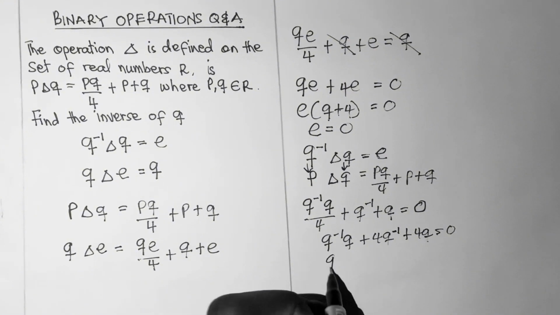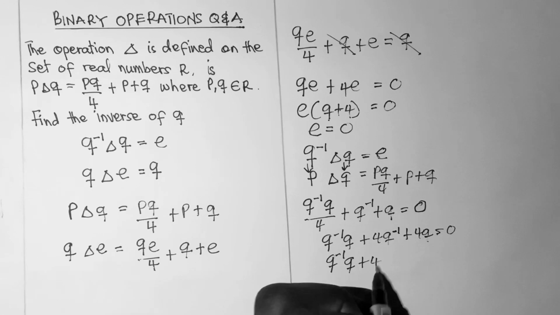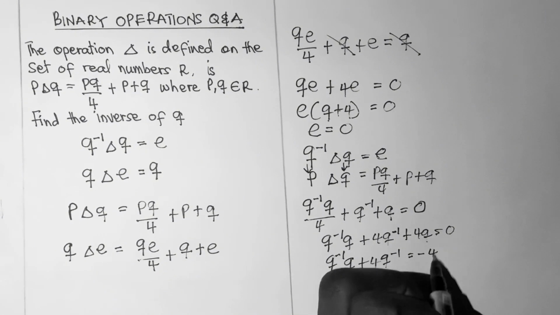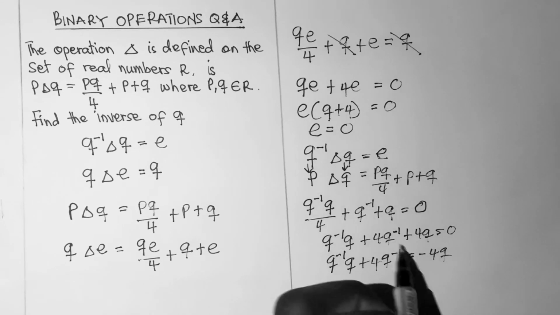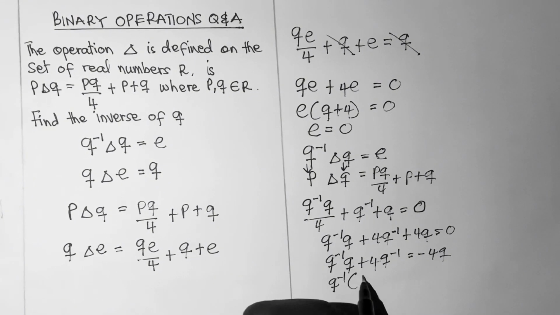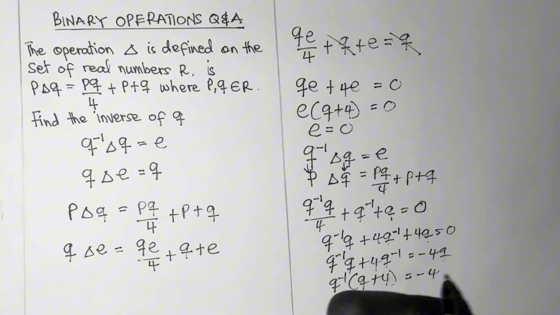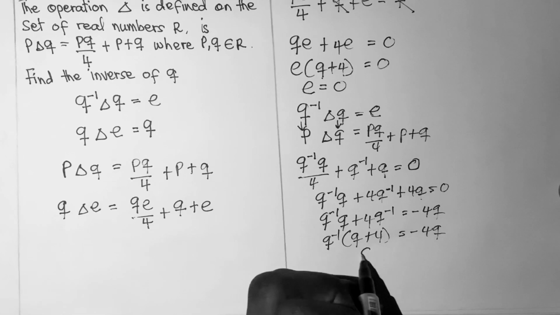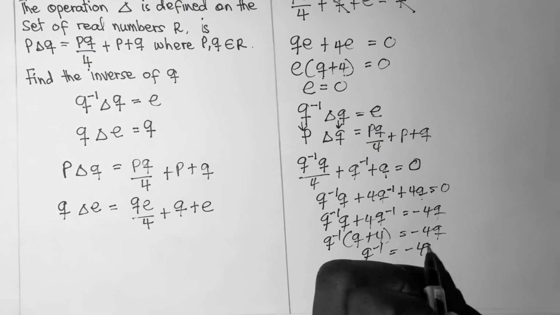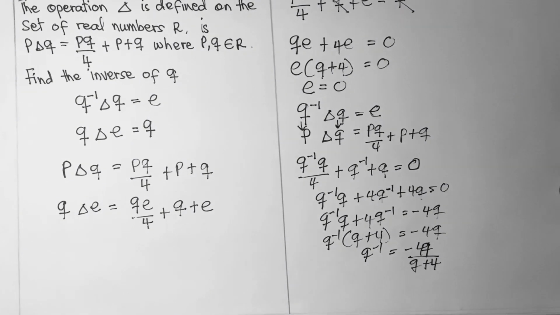So we have Q inverse times Q plus 4 times Q inverse is equal to minus 4Q. If we factorize Q inverse out, we are left with Q inverse times Q plus 4 equals minus 4Q. So Q inverse is equal to minus 4Q divided by Q plus 4.